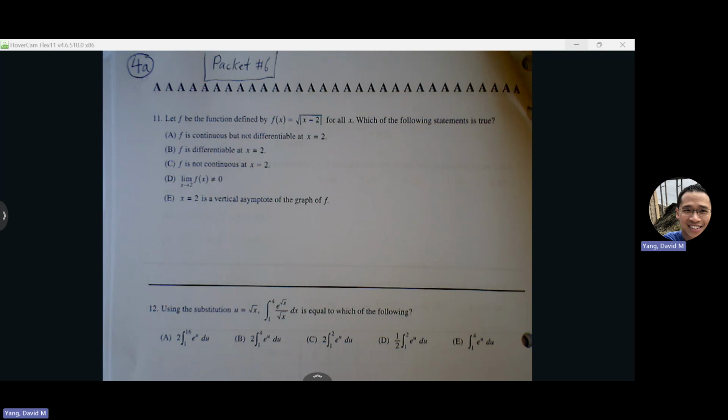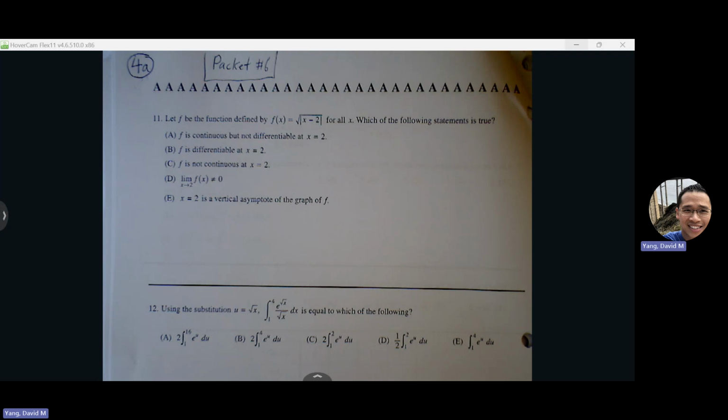We know that this is going to be a graph with a vertex at 2, and it's going to form a V. The square root is going to still make it a very similar process.